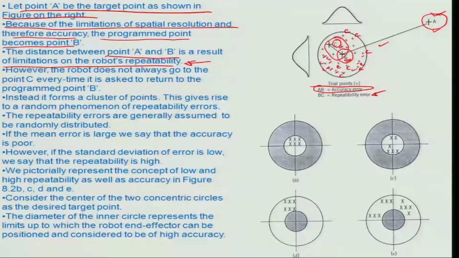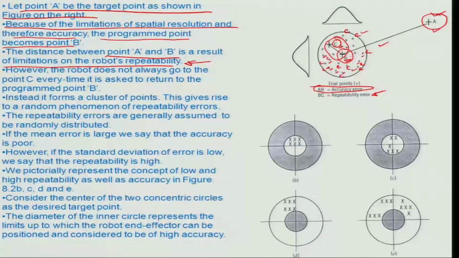And in the case of many trials, you will find that there is a set of Cs. The question is how well defined you make this C, and what is the range within which this robot will operate so that C can be minimized. So, you have a very small repeatability error. This typically can be represented by, let us say, this inner circle here.